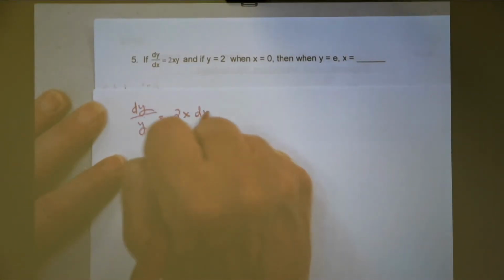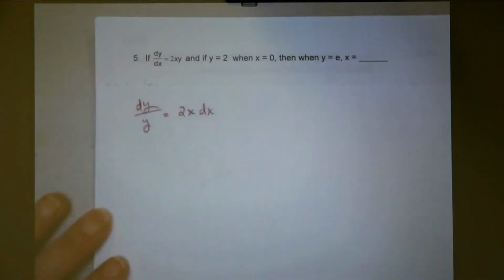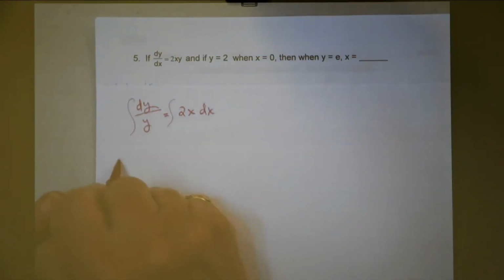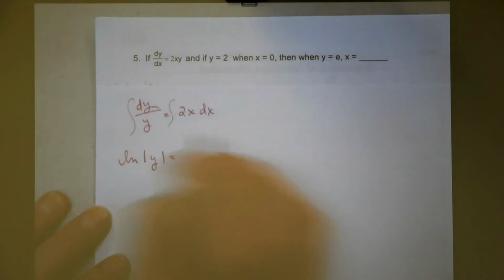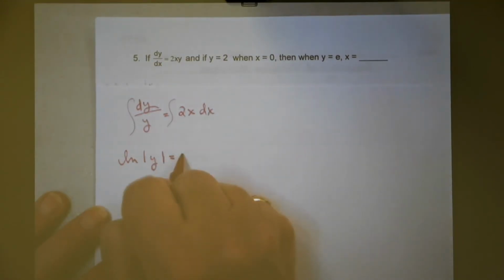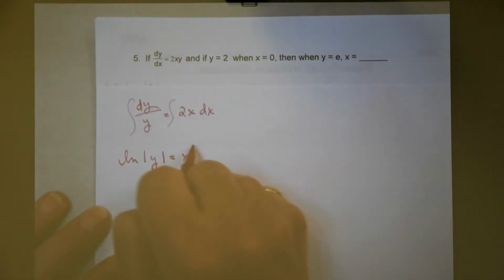When I separate these variables, I'm going to have dy divided by y is 2x dx. 1 over the stuff, the antiderivative is ln of the stuff. So here we go. Integrate, and we're going to have ln y is x squared plus a constant of integration.